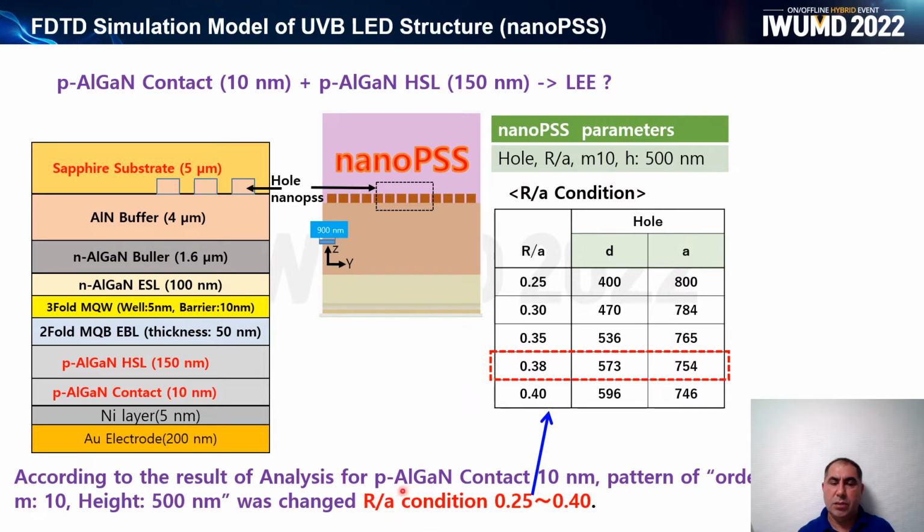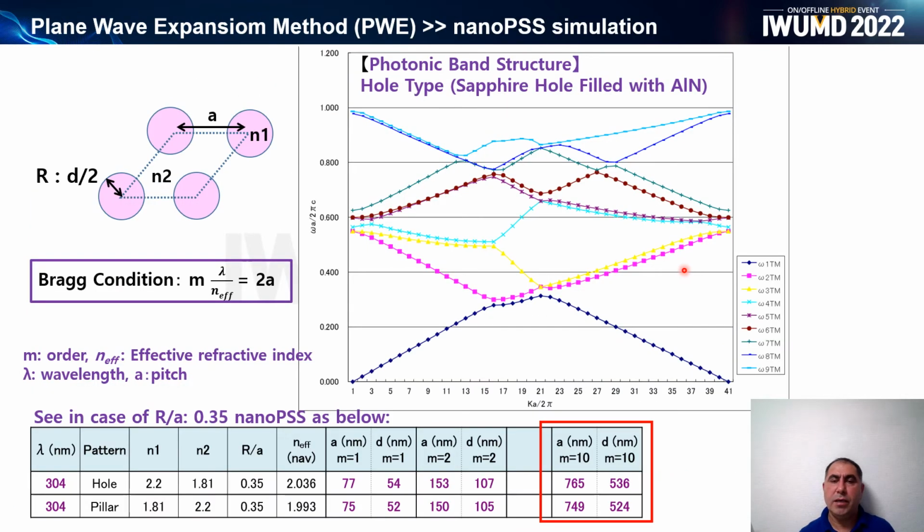According to the results for p-AlGaN contact 10 nanometer pattern and then of order M10 and using height 500 nanometers, we also varied the R by A condition from 0.25 to 0.4 in this modeling.